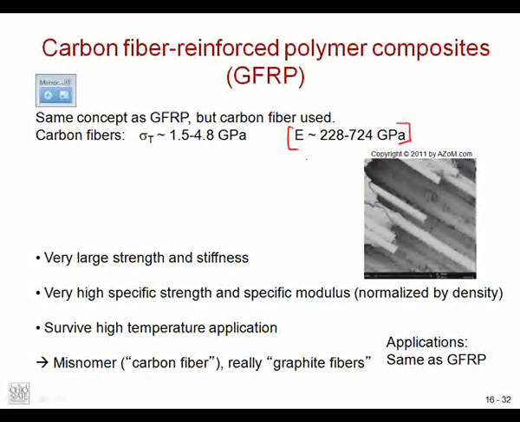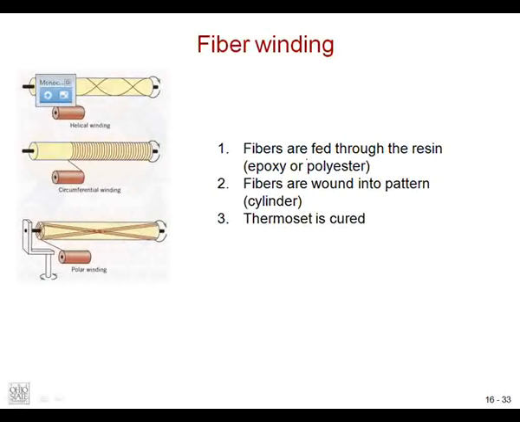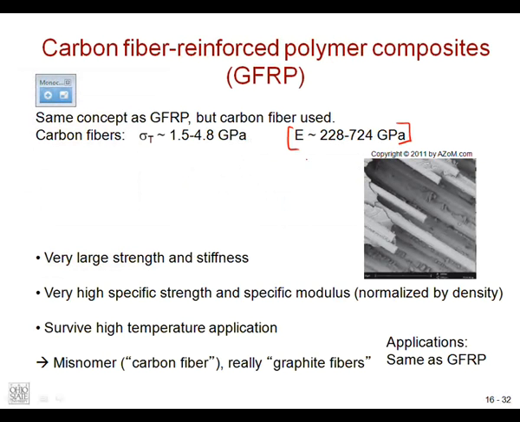That's where carbon and diamond, these carbon fibers and diamond. So the same applications, but when we're willing to pay a little more for that extra strength. Some of these, at high enough volume fractions, we can use at higher temperatures, even though they've got a polymer matrix.